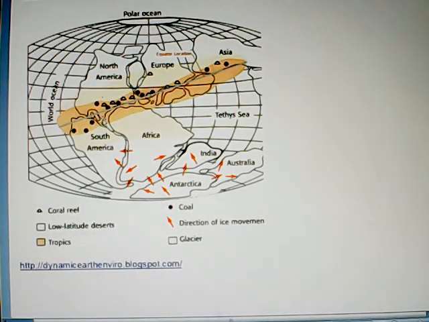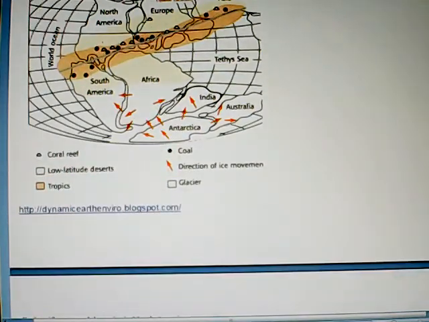And the black dots are coal during this time period, during the Carboniferous. Again, all the land masses were on one side, or mostly on one side, keeping the Earth from spinning.